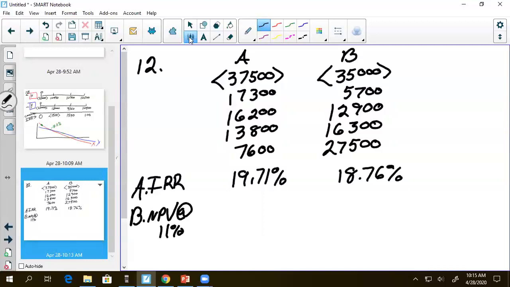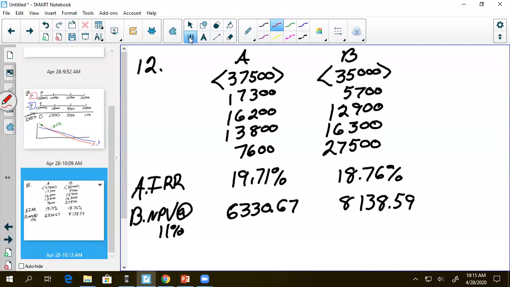Okay. So what's the net present value at 11%? For project A, I got 6,330 and 67 cents. Okay. And B? I got 8,138 and 59 cents. Okay, there you go.